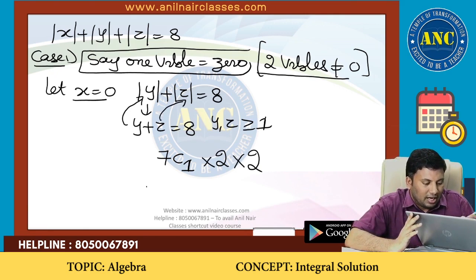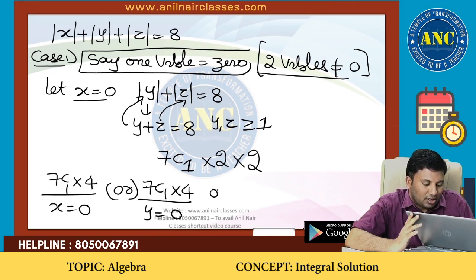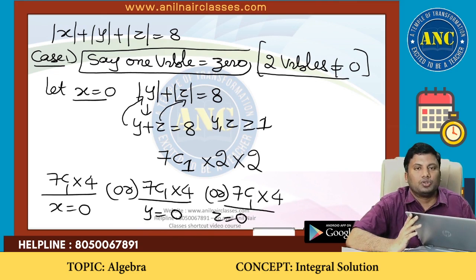Similarly, this is the case 7C1 into 4 for x equivalent to 0. Similarly, 7C1 into 4 for y equivalent to 0, and 7C1 into 4 for z equivalent to 0.